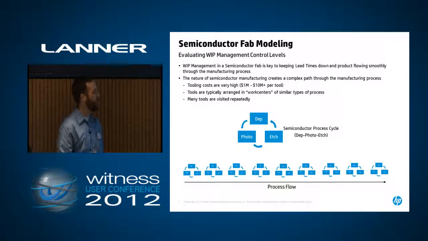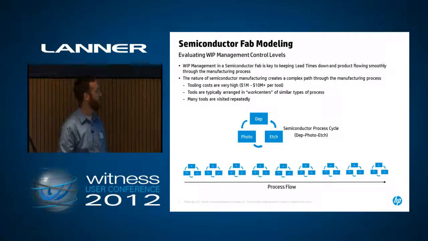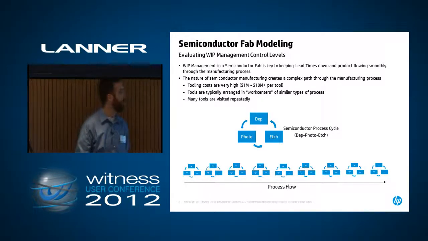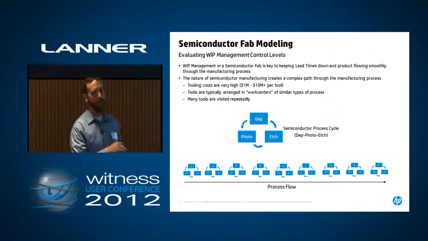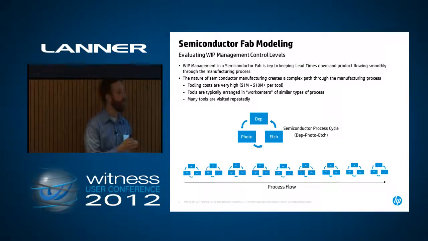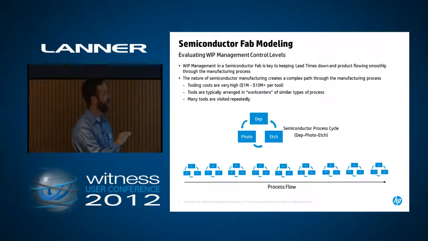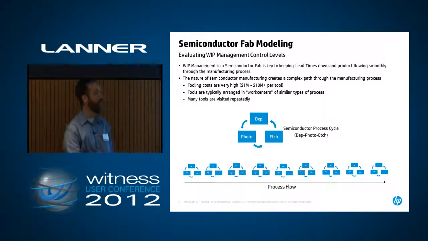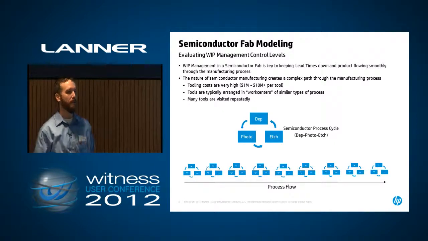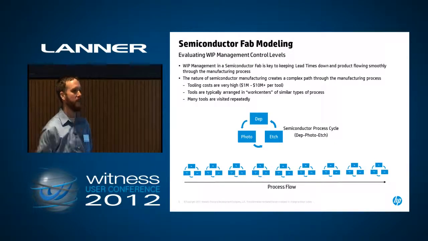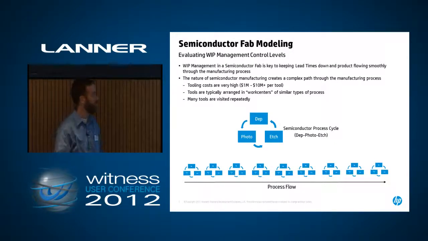So you can't just go out and buy as many tools as you want just to linearize the process. This obviously puts a lot of pressure on capital budgets. So you want to minimize the number of tools you have, and then, along with that, maximize the utilization as much as possible.